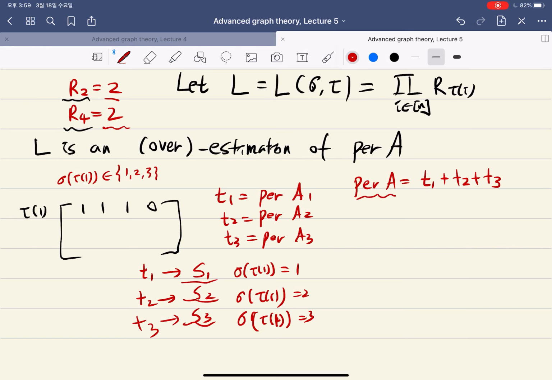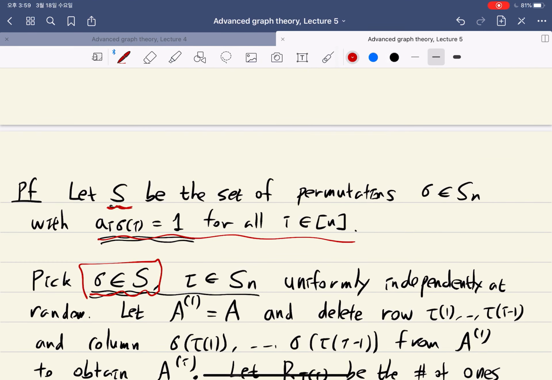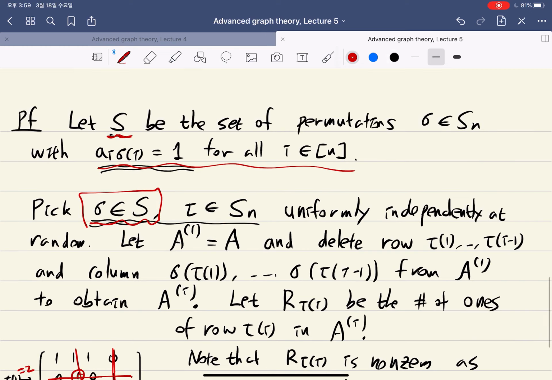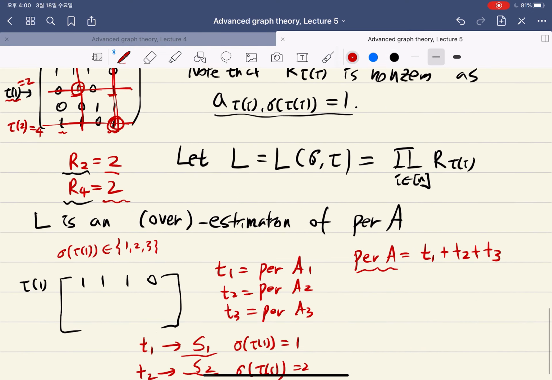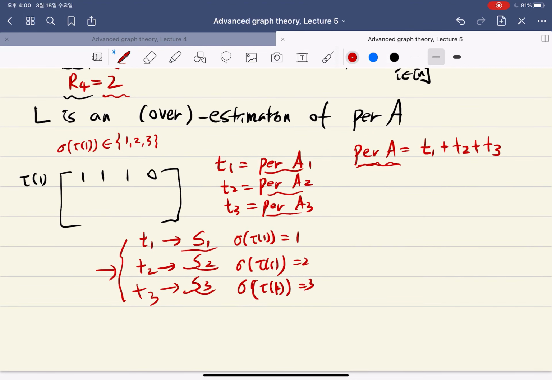Because this permanent counts the perfect matching, and this S is a collection of perfect matchings. It's formally a set of permutations which satisfy this condition, which is exactly the same as this permanent calculation. As we are choosing one of them at random, let's just assume T1, T2, T3 are in this order. T3 is the biggest.